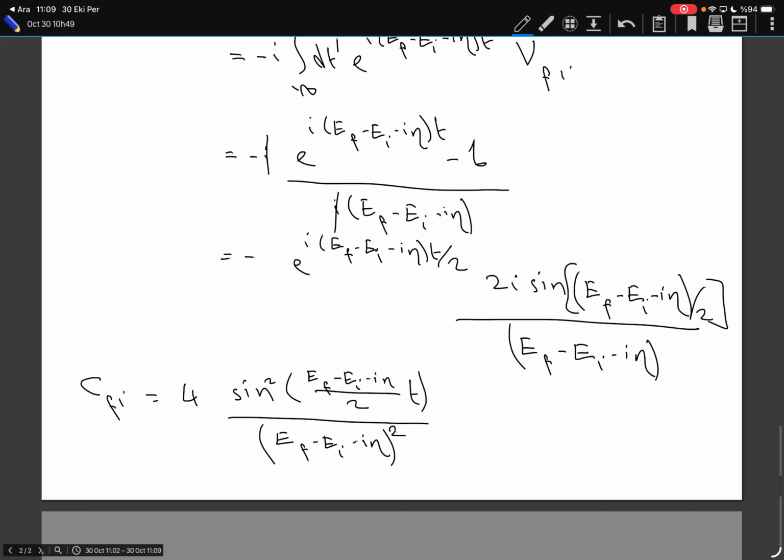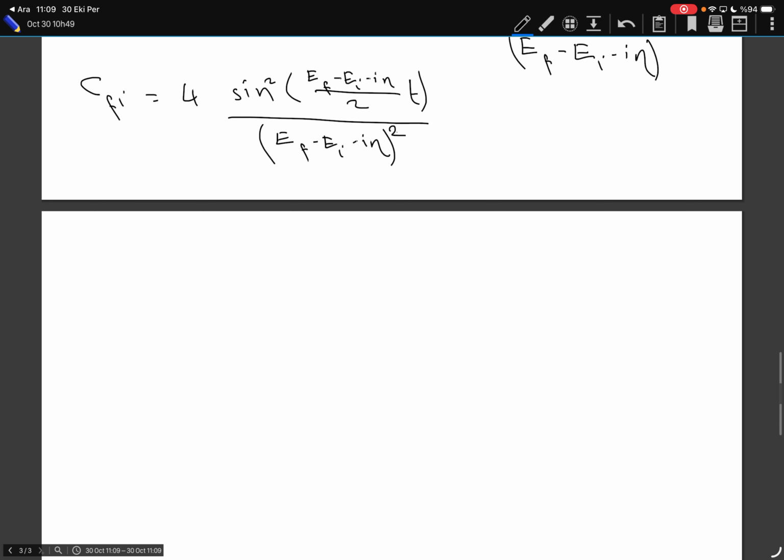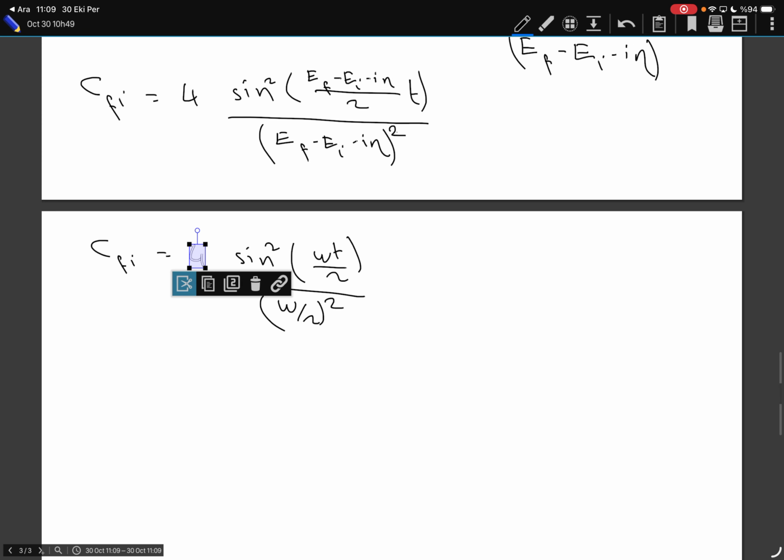Now let me take the limit as eta goes to 0. Let me set eta to 0 at this stage, where omega is E final minus E initial over h bar, if we weren't using h bar equal to 1 units.